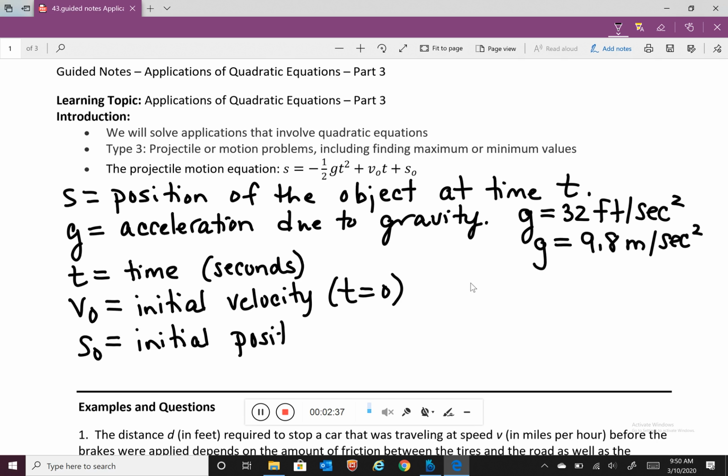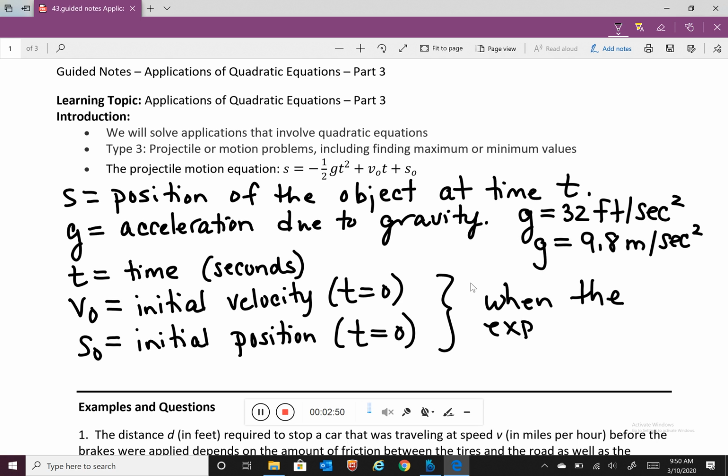And again, initial is the starting time, and so that is when t equals 0. We can think about it's when the experiment is beginning. Okay, so that's what we need to be able to use for our problems together.